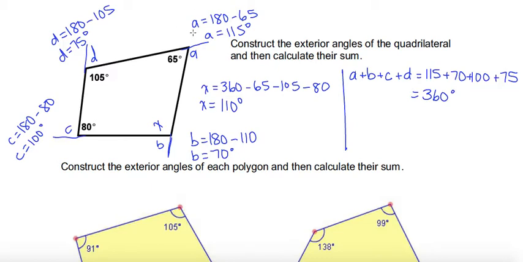So the exterior angles of a quadrilateral will also add up to 360 degrees. Unfortunately, we can't use the same strategy that we did for triangles, where the exterior angle is the sum of the two opposite angles, but we can use the same exterior angle theorem.